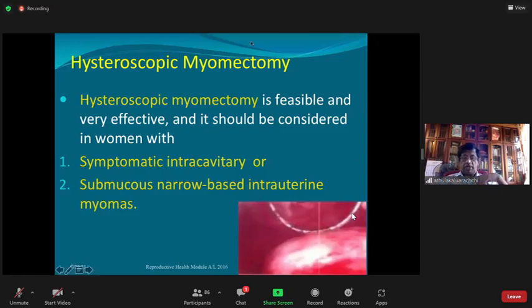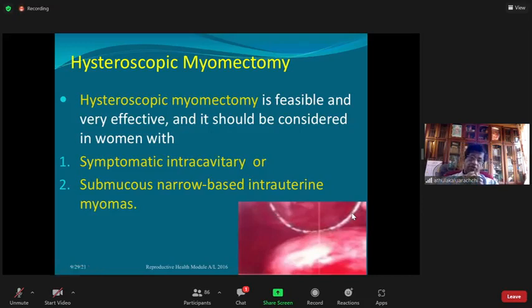Now this is where I said you can do a hysteroscopic myomectomy. In a hysteroscopic myomectomy, you see this wire loop, and you do what is called the resection. You have a heated wire loop, so with a heated wire loop, you can keep on cutting pieces.